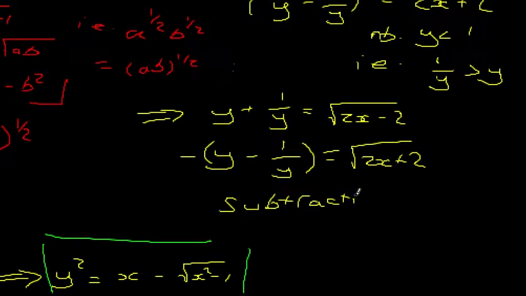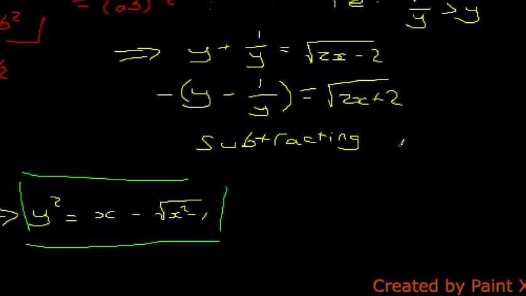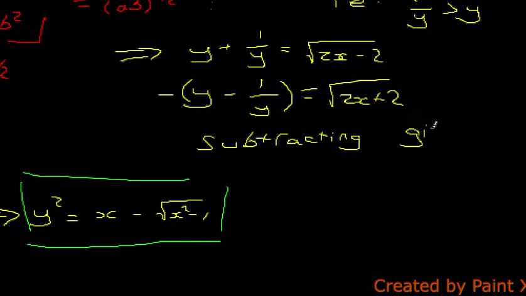Subtracting gives, okay, so on the right hand side we're going to have root 2x minus 2 minus root 2x plus 2.